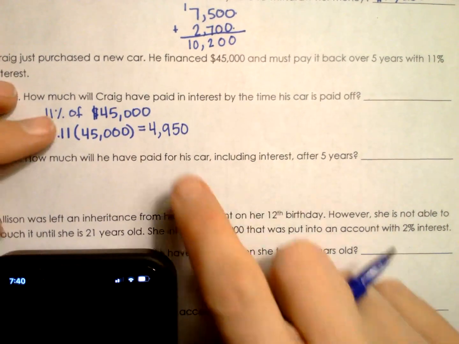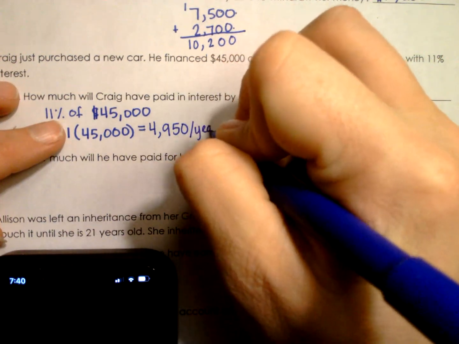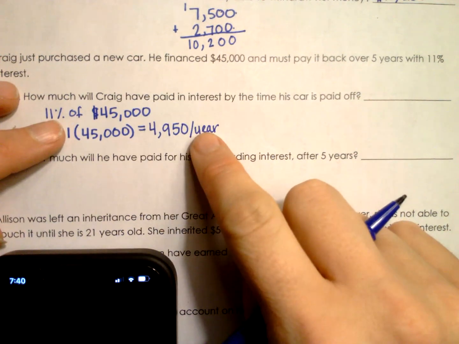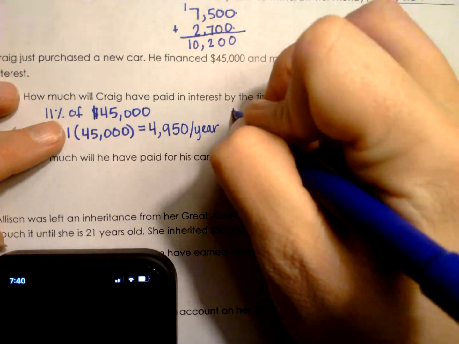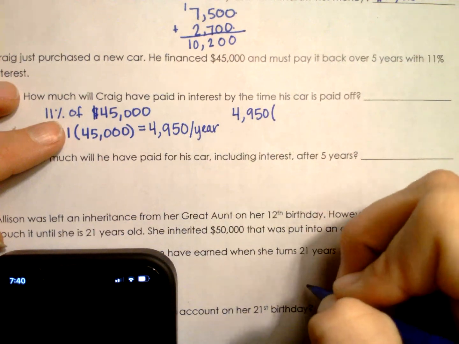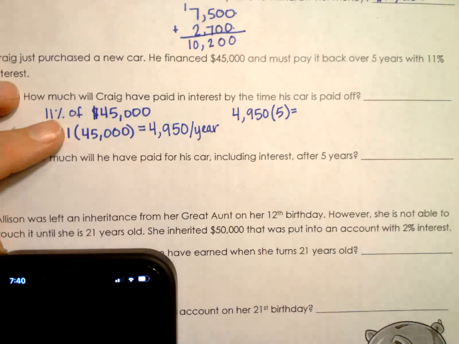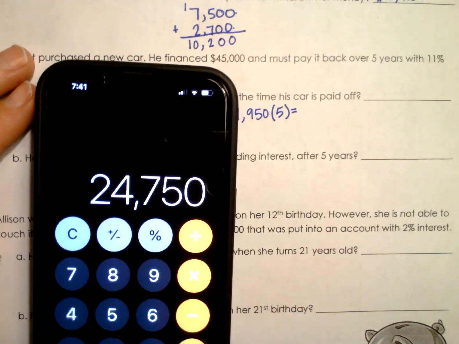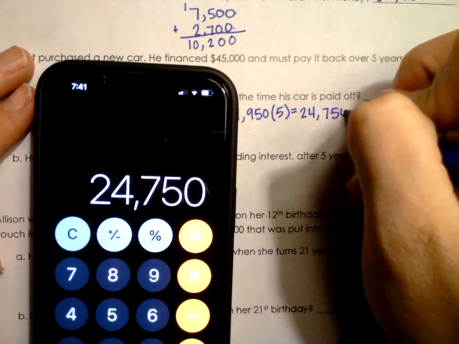Okay, so this is 1 year. We need 5 years. So I have to do 4,950 times the 5 years, and that's going to get me my answer. So 4,950 times 5 years is 24,750.